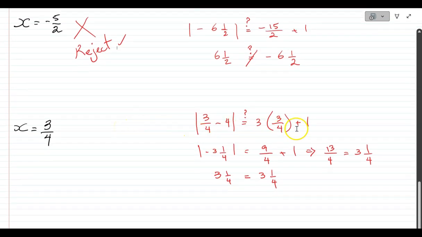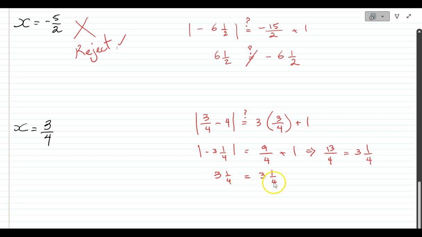We do the math in here, and I did that for you. You can pause the video and go over it again a step at a time. Again, fractions are involved, but that's okay. Don't be worried. Just go through it a step at a time. And you notice that the left-hand side becomes the absolute value of negative 3 1/4.